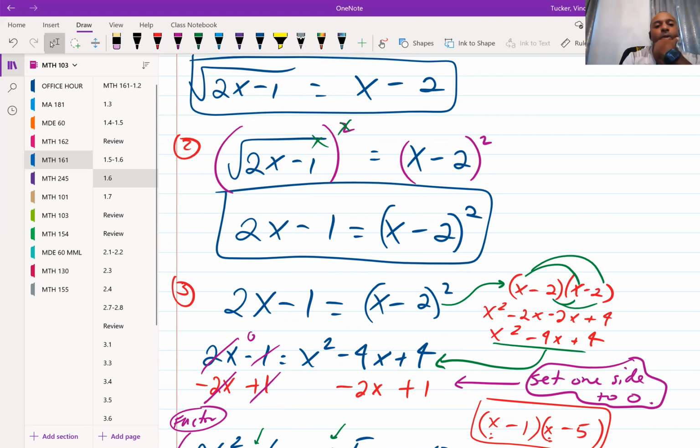The left side is 2x minus 1, so there's nothing we can do with that. But on the right side, we can expand that out. As your classmate suggested, x minus 2 squared is x minus 2 times x minus 2. And you will FOIL that out, giving you x squared minus 2x plus 4. Combine your like terms, it's minus 4x in the middle.